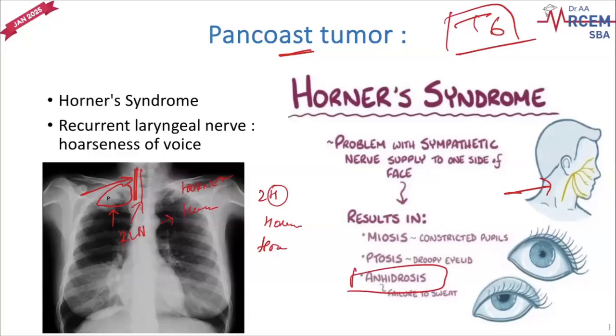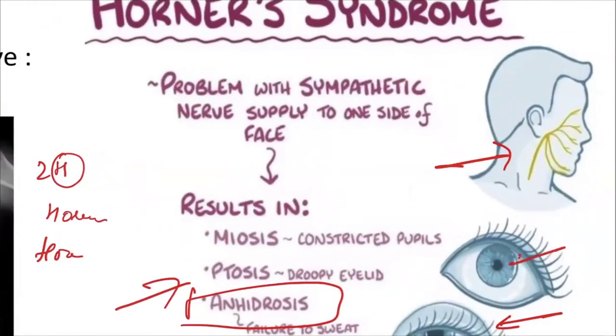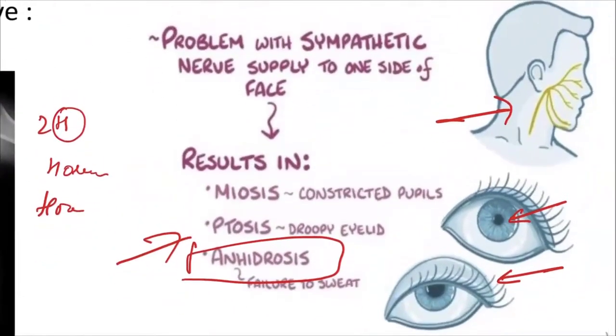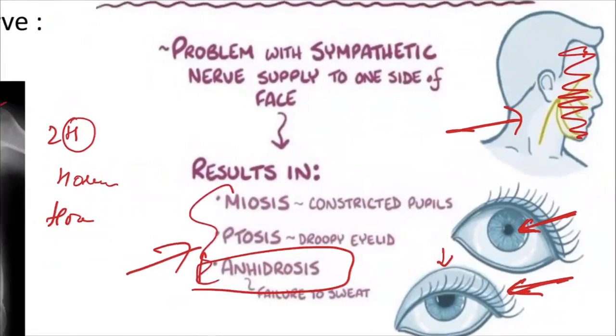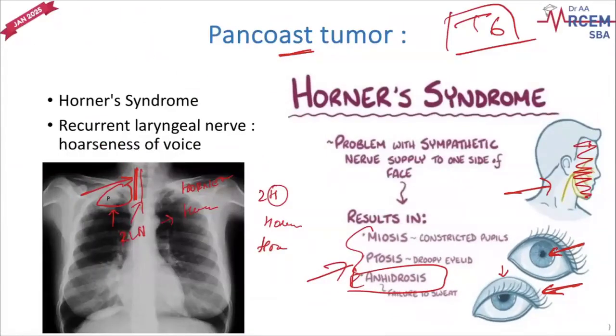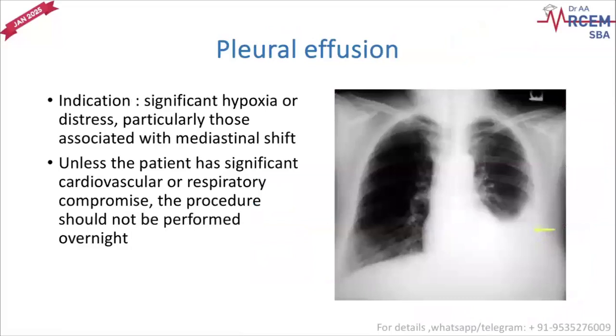Ptosis, drooping of the upper eyelid, along with miosis, constriction of the pupil. So three things: completely dry with no sweating on the affected side; the pupil on the affected side will be constricted, known as miosis; and there will be drooping of the upper eyelid on the affected side, known as ptosis. This is the triad you see in Horner syndrome. Again, refer, you cannot do much in the emergency department.